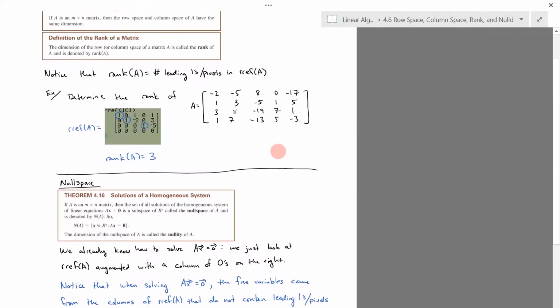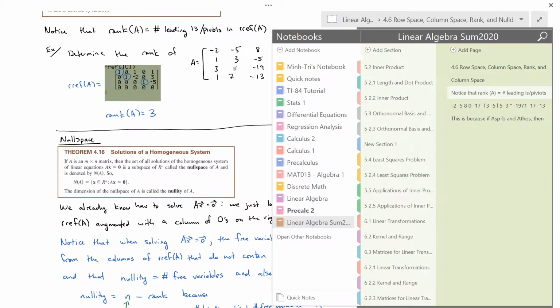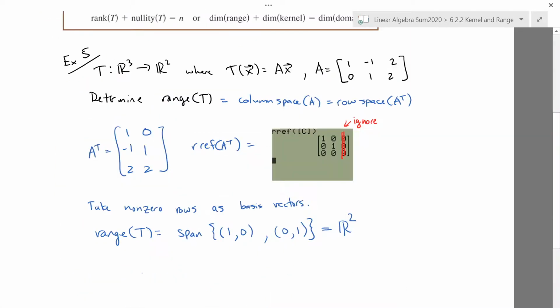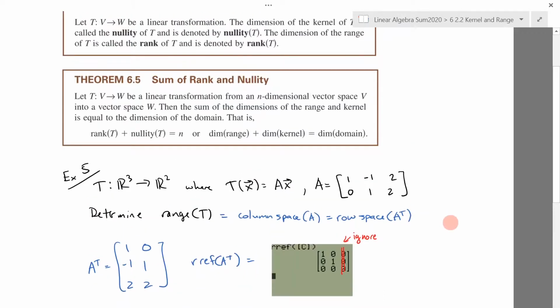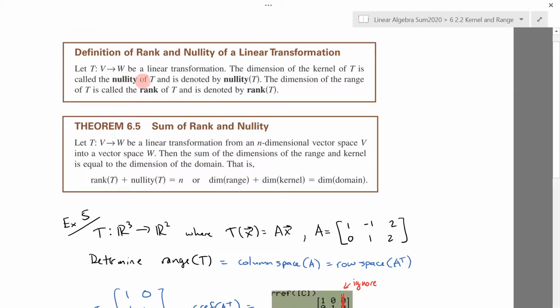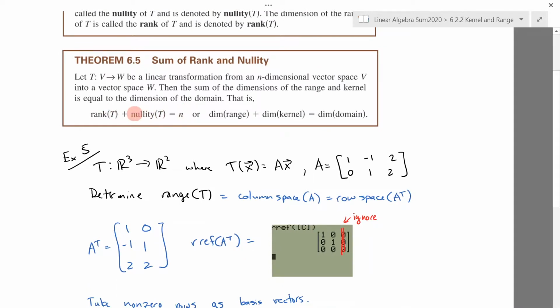The rank is related to the column space and the nullity is related to the null space. In the examples we're looking at, the range is related to the column space and the kernel is related to the null space. So we can define the same concepts for a linear transformation. The nullity is the dimension of the kernel and the rank is the dimension of the range. And we have the same equation that relates the two from before: the rank of T plus the nullity of T has to be equal to the dimension of the domain.